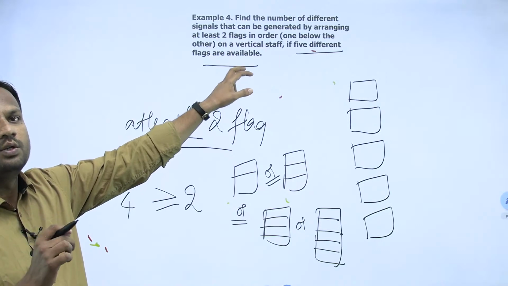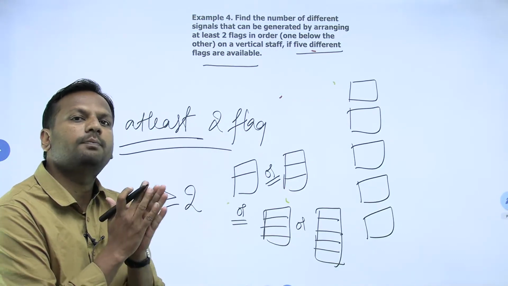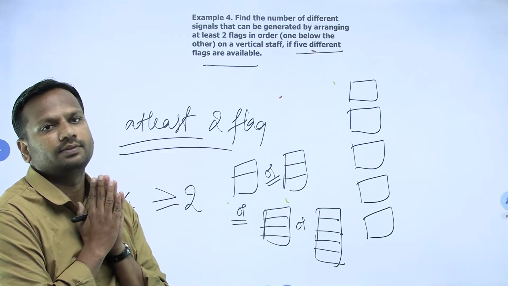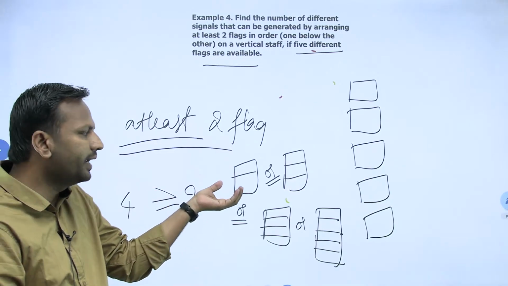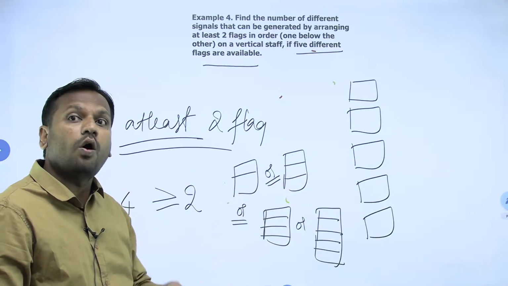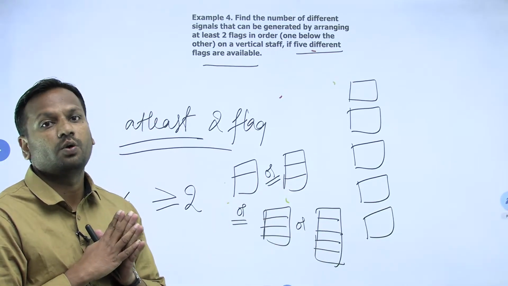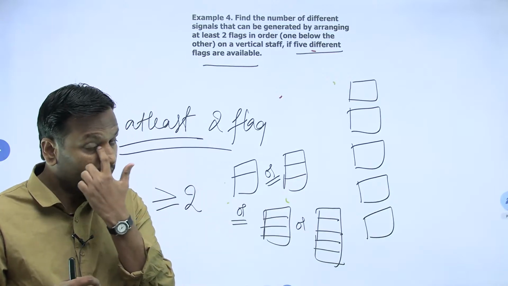What they are saying, from the 5 different flags, you have to take minimum 2 flags to generate the signals. So minimum 2 flags means I can take only 2 flags, or 3 flags, or 4 flags, or 5 flags. Or comes here. Got it?